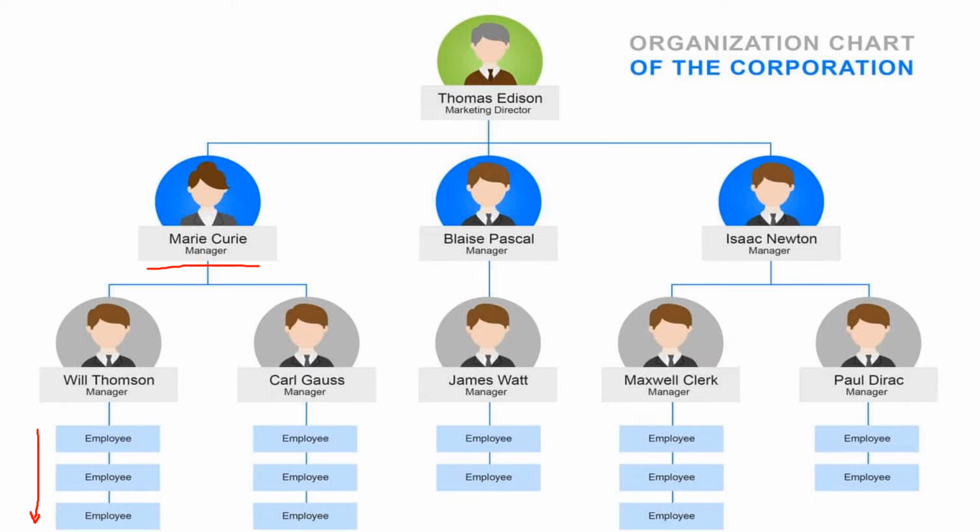Let's say this one is the senior managers, and they have certain obligations, rights, and authorizations. Then we have the department managers, and we have the employees under each one of them.